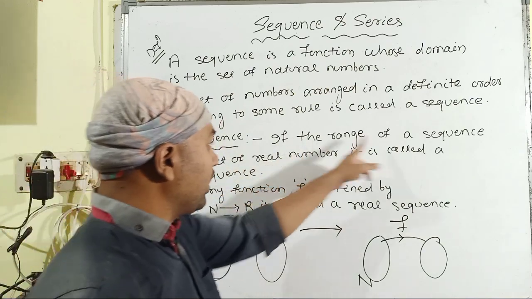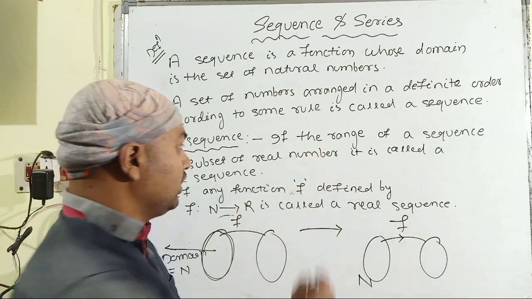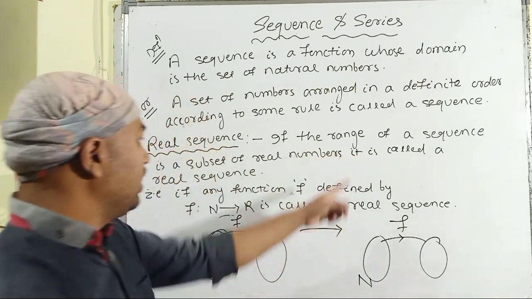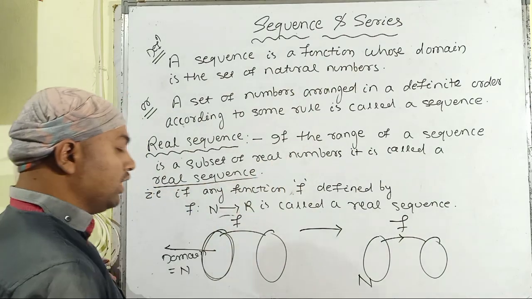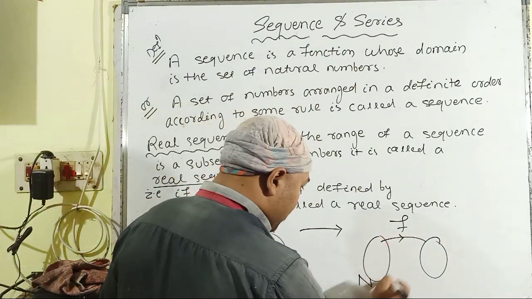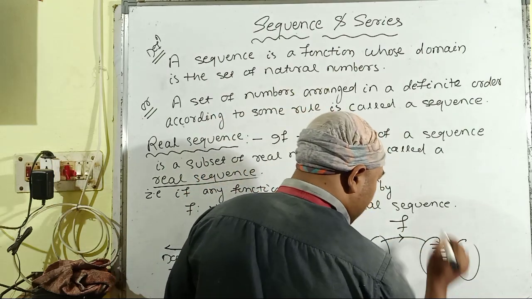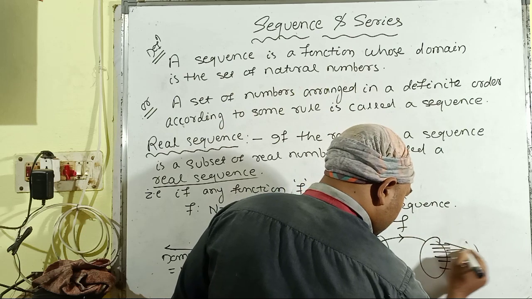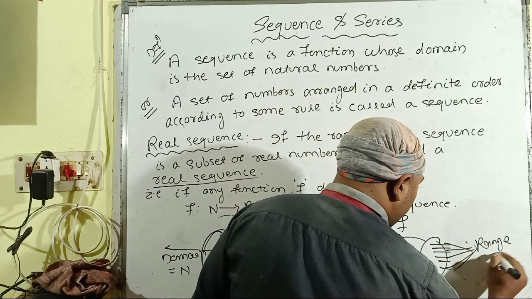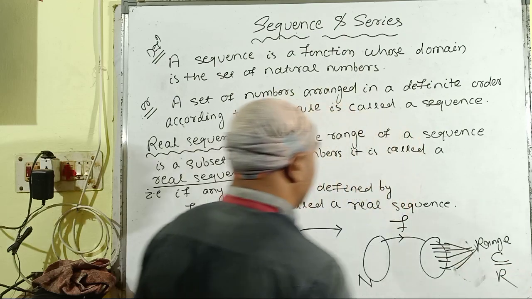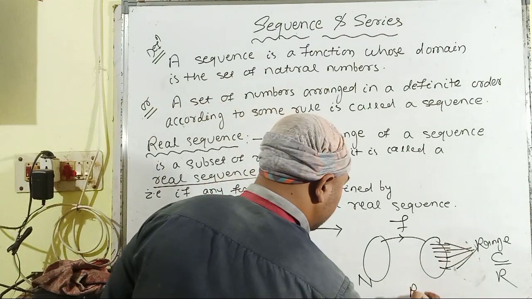If the range of a sequence is a subset of the real numbers, then it is called a real sequence. That means that is the domain part, but we have to find out the range part here, and this range part must be a subset of the set of real numbers. Then we can call it a real sequence.